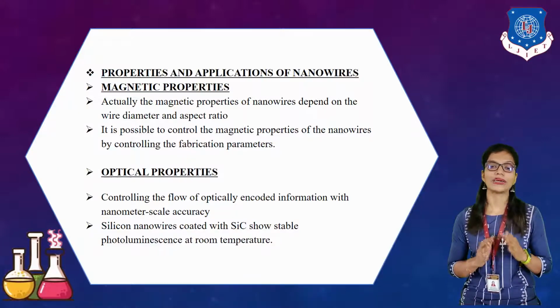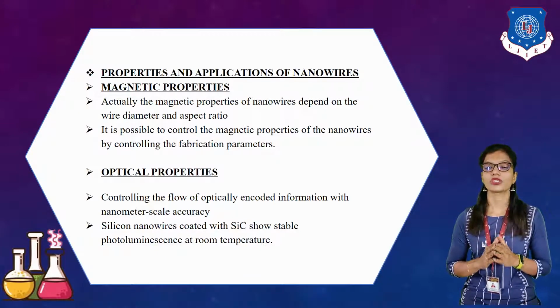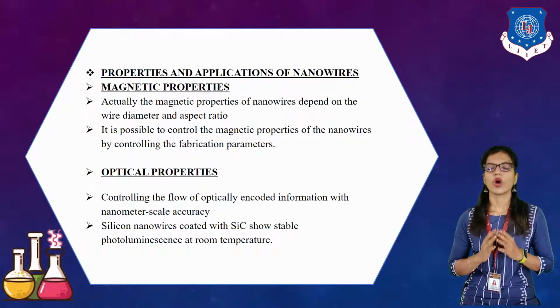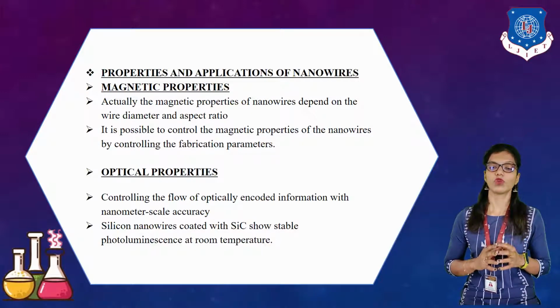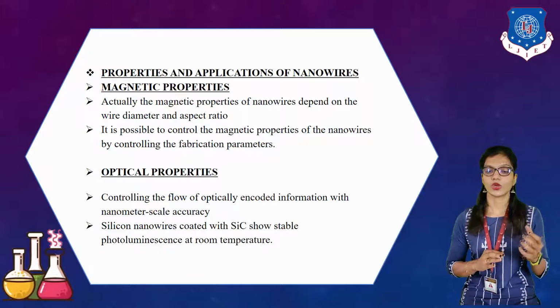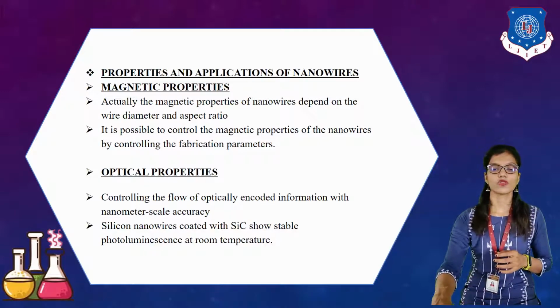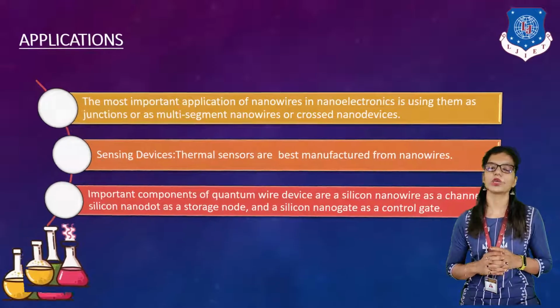It is possible to control the magnetic properties of nanowires by controlling the fabrication parameters. Similarly, optical properties: controlling the flow of optically encoded information with nanometer scale accuracy. This gives us an idea of how widely they are used, because of their properties.